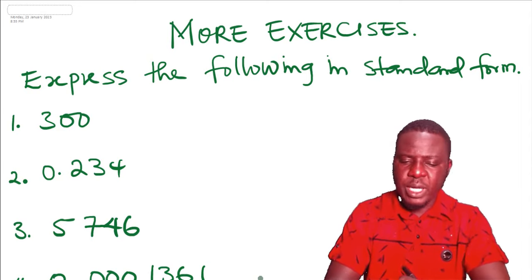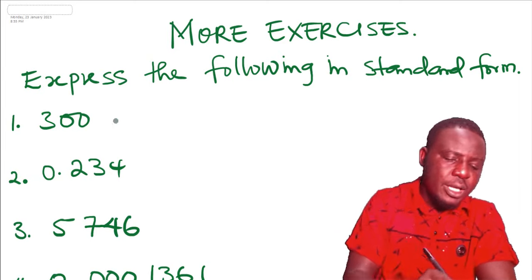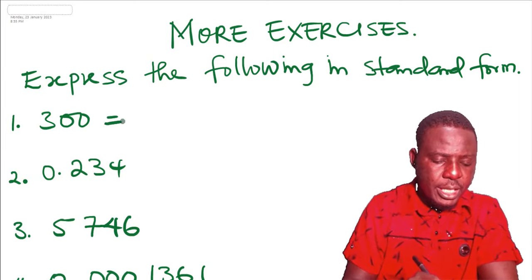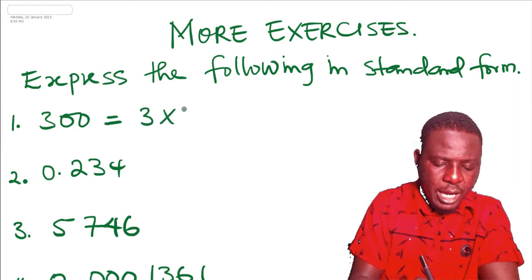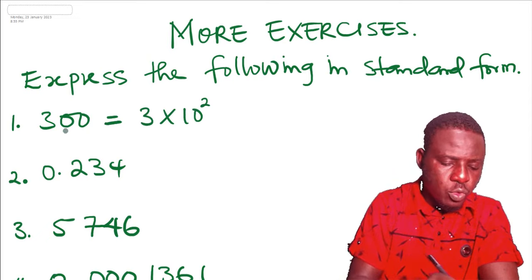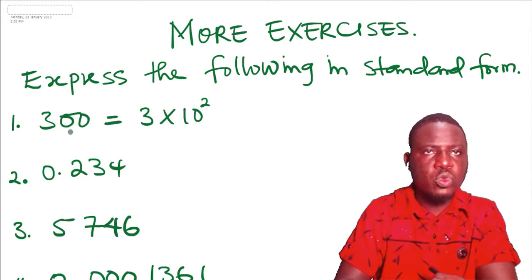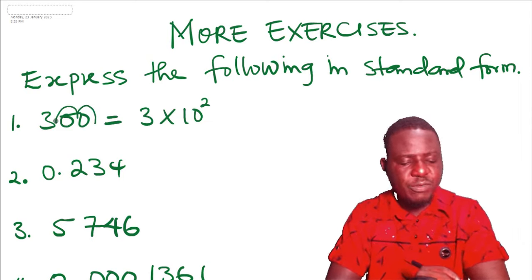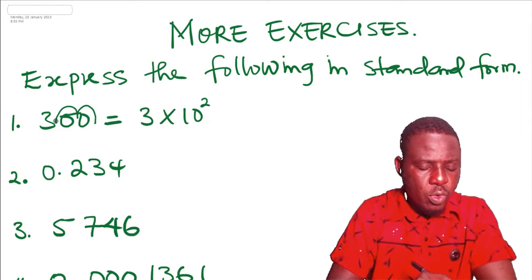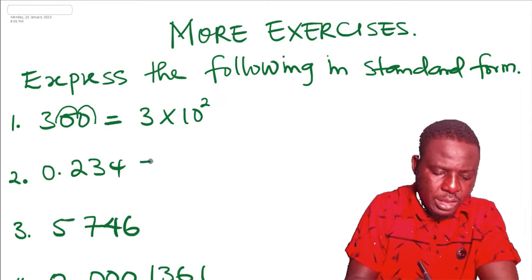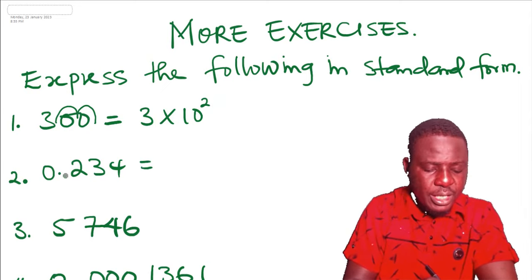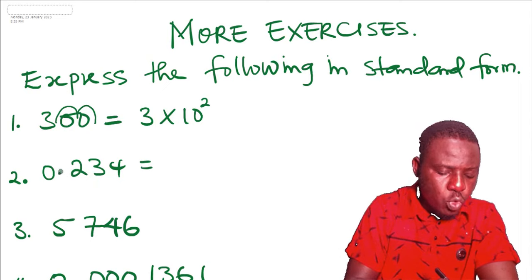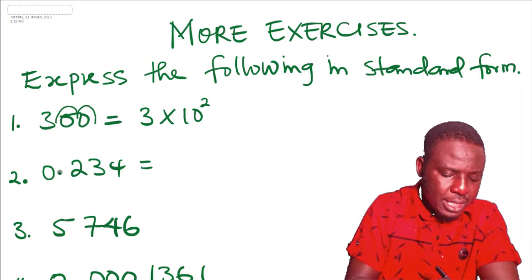Now let's express the following in standard form. 300 is going to give us 3 times 10 raised to the power of 2, simply because I have 2 digits behind. Moving your decimal point this way, 1, 2, it gives me 3.0 times 10 raised to the power of 2. Since I'm moving the decimal point to my right, this is going to be negative now.